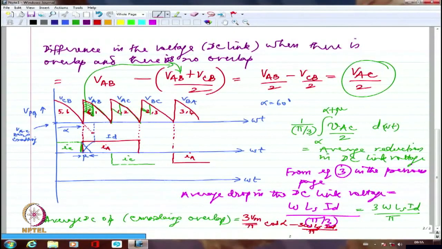Because the current is rounded, if I try to calculate the harmonic analysis or harmonic components in the current, that current is not going to be as abrupt rising or as abrupt falling as it was. So it is not as far away from the sinusoid as it was earlier. Please understand, a sinusoid never has any abrupt rise and abrupt fall.